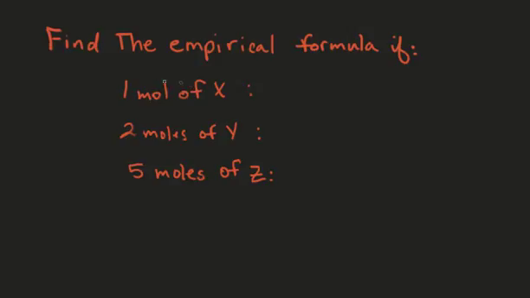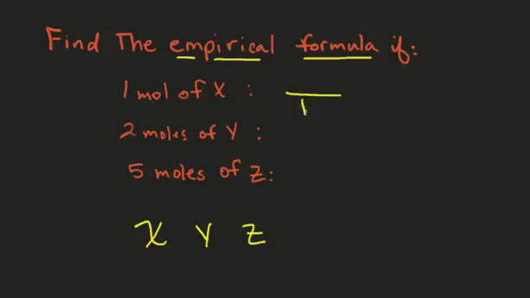Today we're going to look at a couple basic examples of empirical molecular problems. The first of which is just to illustrate the concept of how to find the empirical formula given moles, which I doubt they'll give you, but just in case. So if we have some unknown compound and it's got X, Y, Z, and it's got some subscripts we don't know about, what we do is we divide by the smallest moles.